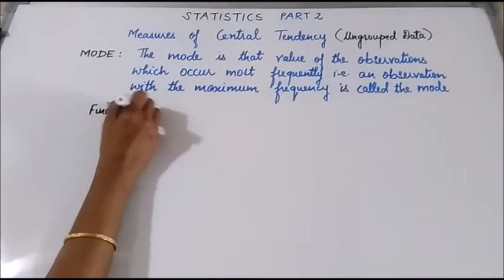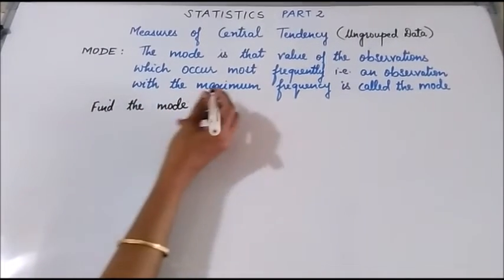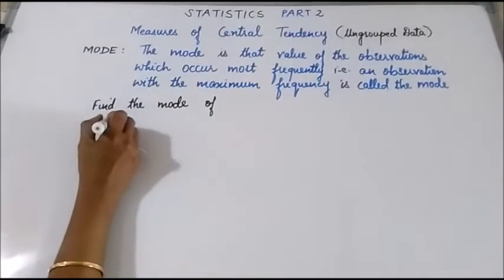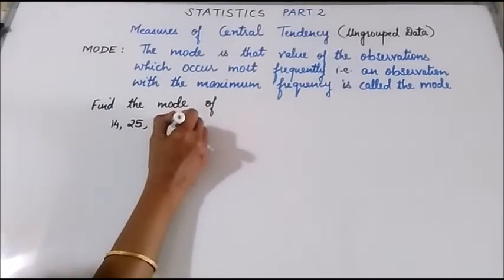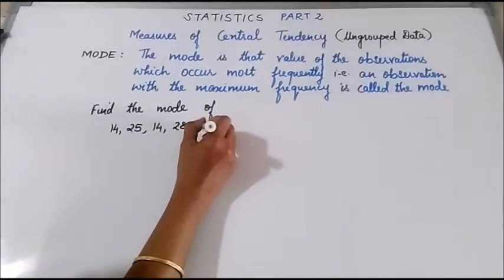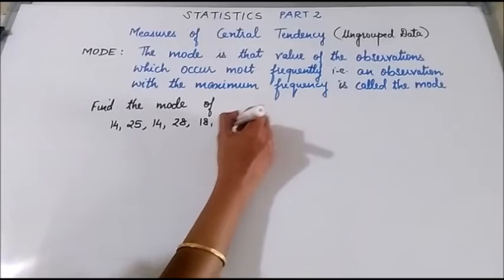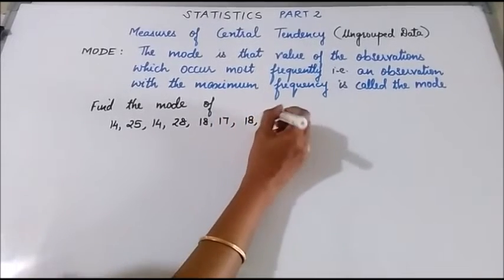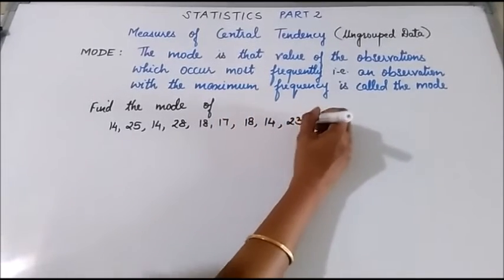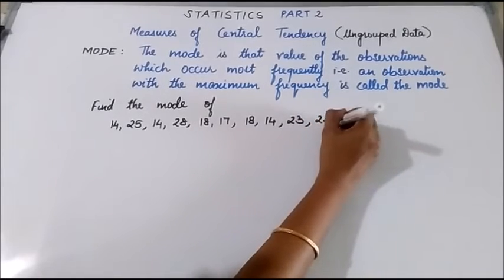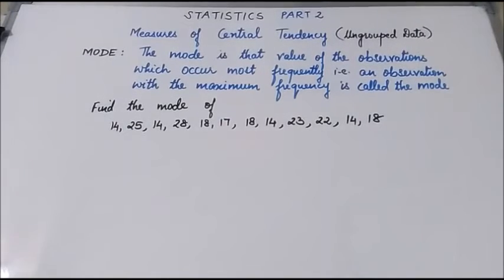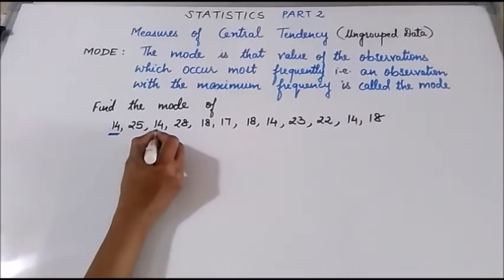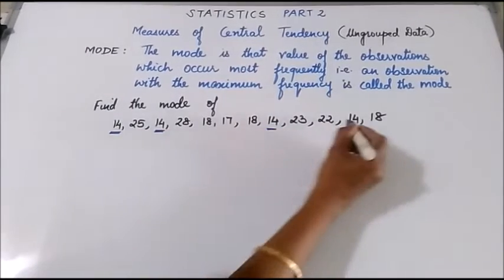Find the mode of, here the data has been given to us 14, 25, and so on. You can see here 14 occurs the maximum number of times. You got 1, 14, second, third and fourth.